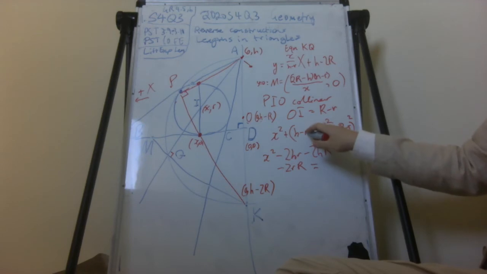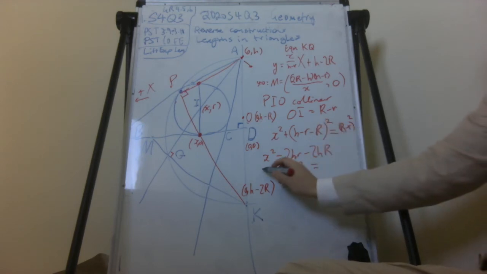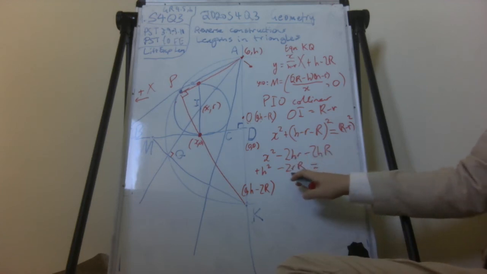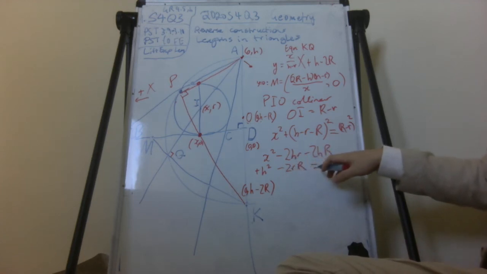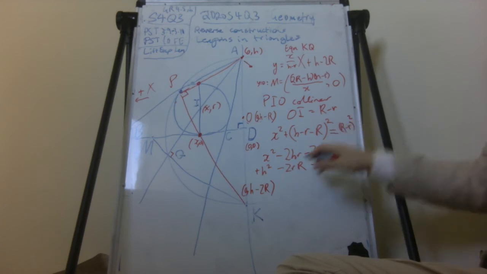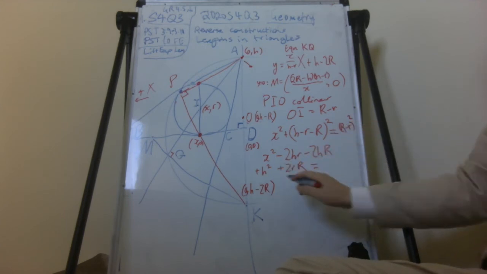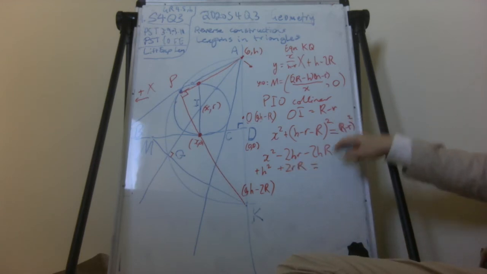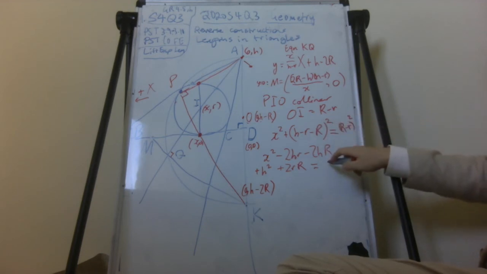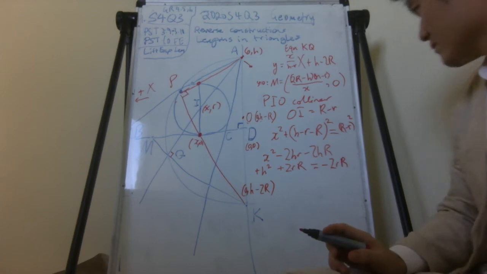And then the other two squared terms, how about the h squared? It completely cancels. Actually no, this is a plus. So this r squared cancels with that r squared, and then you get minus 2r.